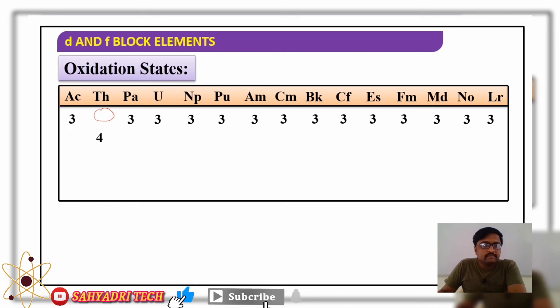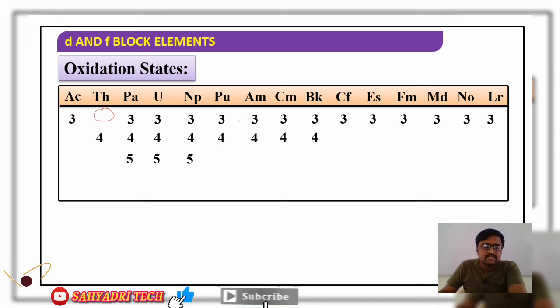So except for thorium, all other members of the 5f series show +3. Thorium shows +4, a stable oxidation state. Protactinium, uranium, neptunium, plutonium, americium, and all up to berkelium show the +4 oxidation state. These are the stable oxidation states exhibited by the elements.